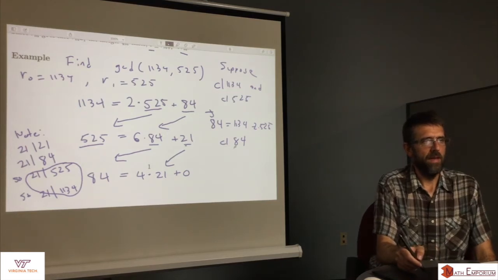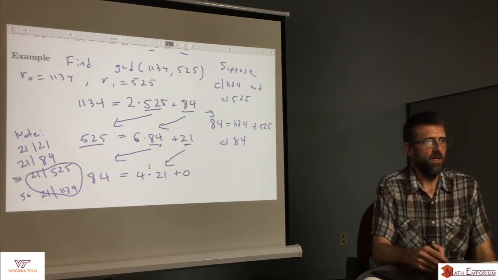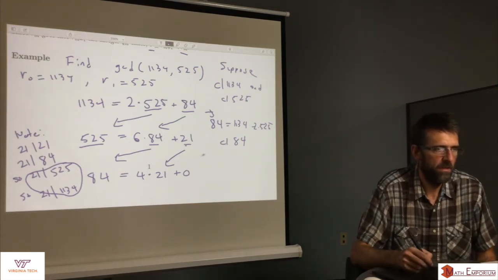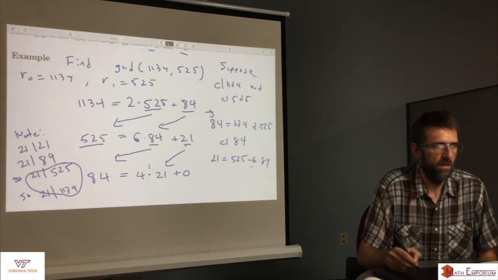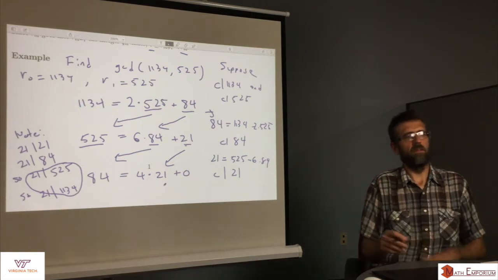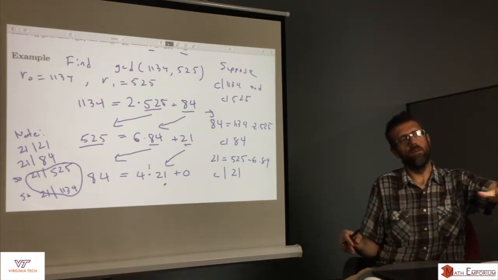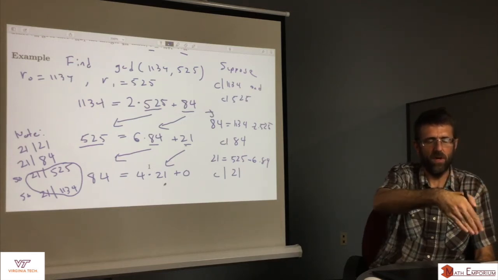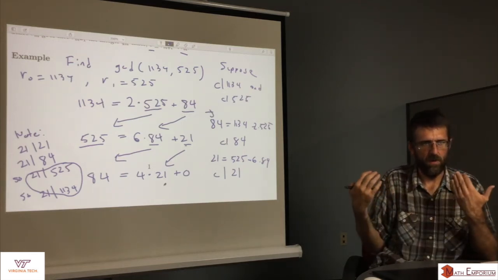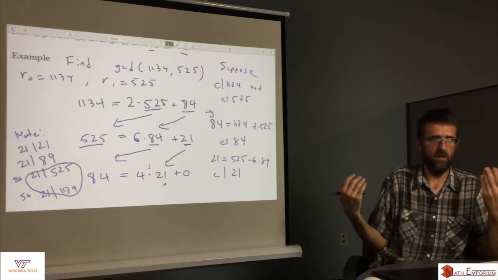But now that I know C divides 84 and 525, I can rewrite 21 as a linear combination of those two numbers. And so that means C is also going to have to divide 21. So 21 is a common divisor of those two inputs. Anything that's a common divisor of those two inputs is also going to have to divide 21. And so therefore, 21 is actually the GCD of those two inputs.